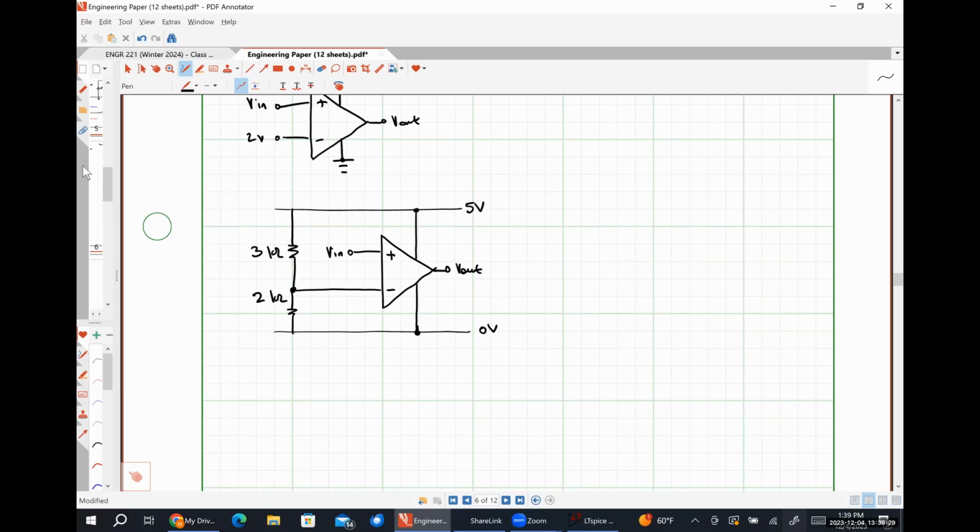So instead of the output being AVOL times VD, it's now AVOL times VD times RL over RL plus RL. And if it's more positive than VCC plus, it saturates to VCC plus. If it's more negative than VCC minus, it saturates to VCC minus. E is obviously the only one that saturates. All right, thank you.